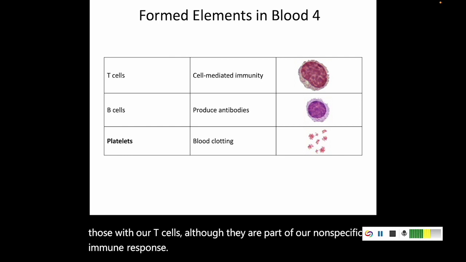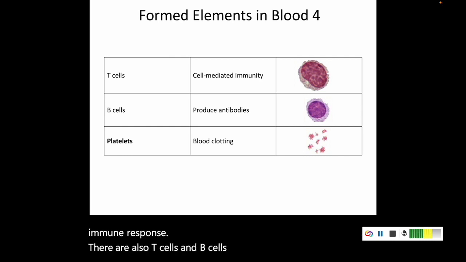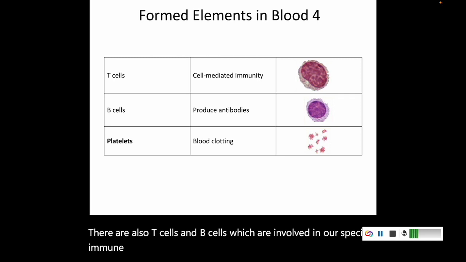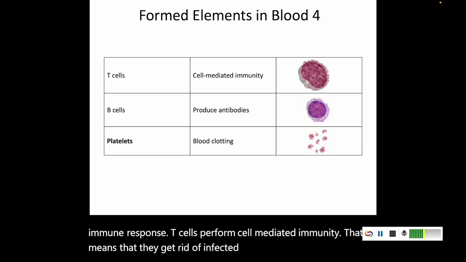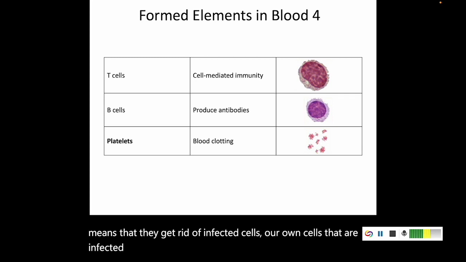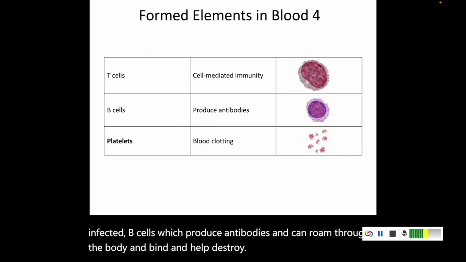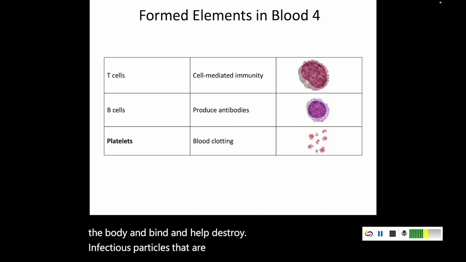There are also T cells and B cells, which are involved in our specific immune response. T cells perform cell-mediated immunity. That means that they get rid of infected cells, our own cells that are infected. B cells produce antibodies and can roam through the body and bind and help destroy infectious particles that are outside of cells.